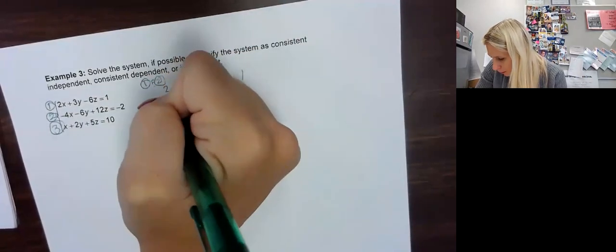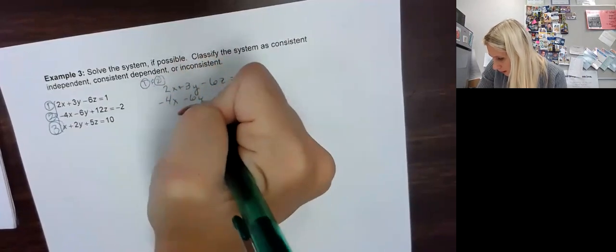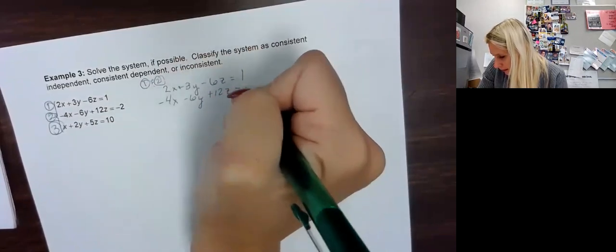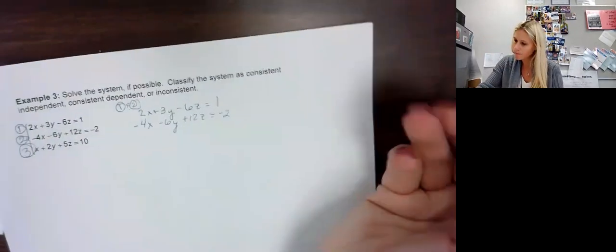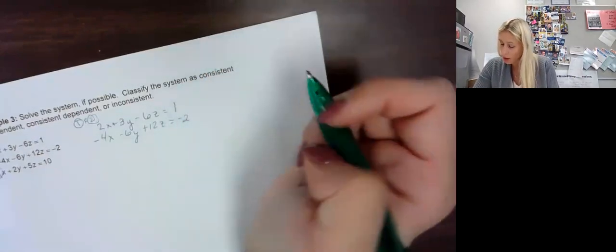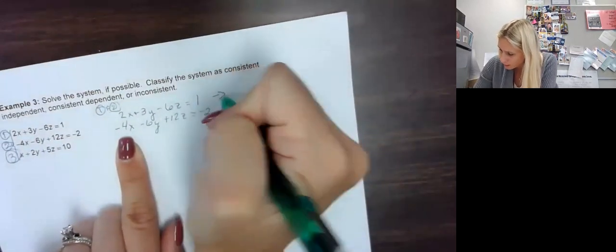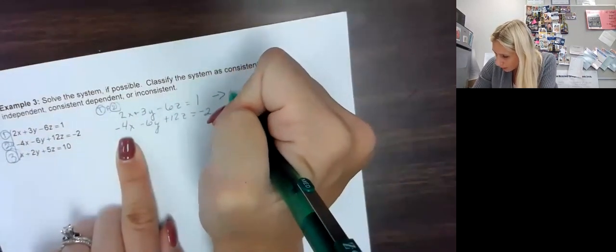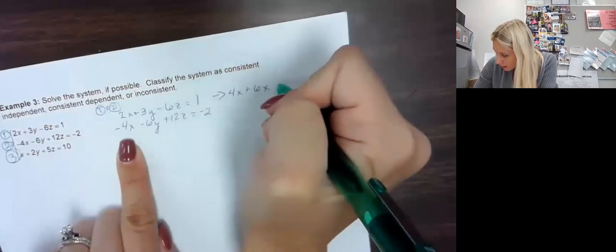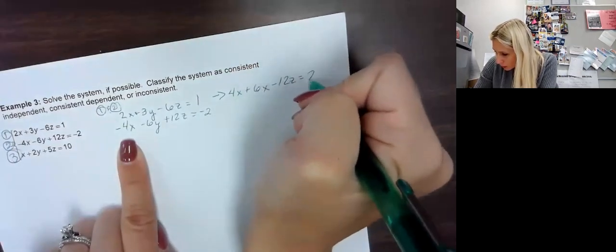I'm comparing it with negative 4x minus 6y plus 12z equals negative 2. Let's multiply the top by 2. I get 4x plus 6y minus 12z equals 2.